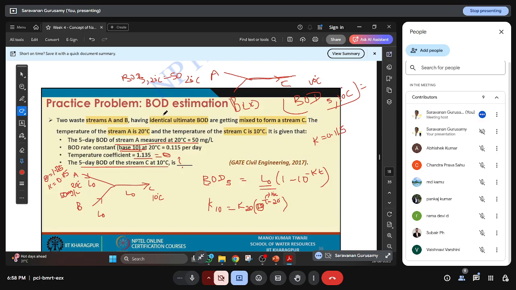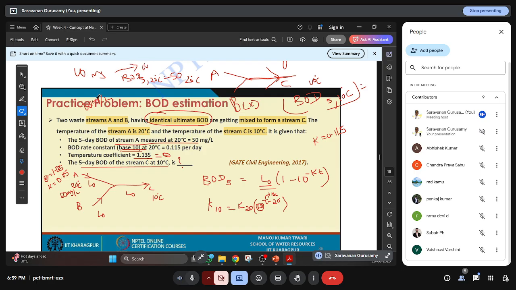Another important phrase is identical ultimate BOD. So A has an ultimate BOD, and B has an ultimate BOD of the same value, so C will also have the same ultimate BOD. If I mix 10 milligram per liter with 10 milligram per liter, I again get 10 milligram per liter.